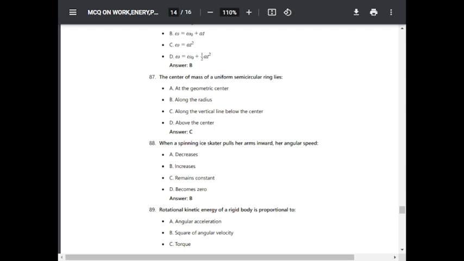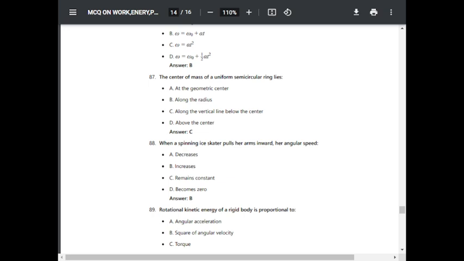Question number 88. When a spinning ice skater pulls her arms inward, her angular speed: option A, decreases; option B, increases; option C, remains constant; option D, becomes 0. The correct answer is B, increases, because angular momentum remains constant.